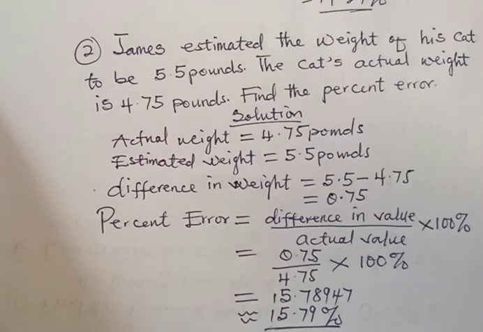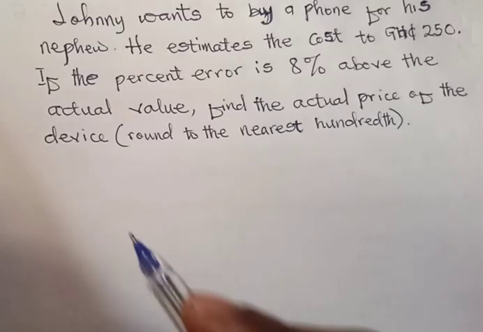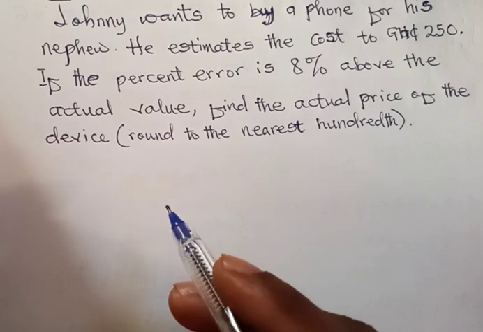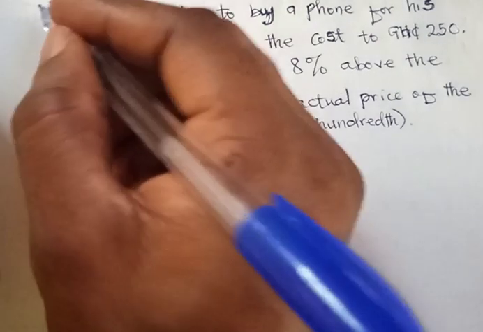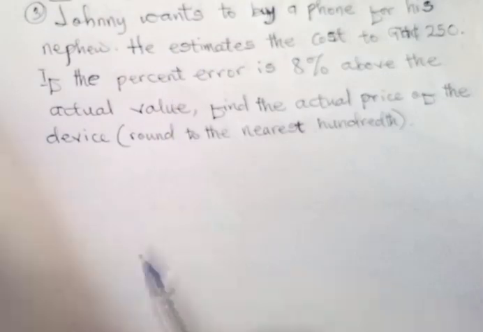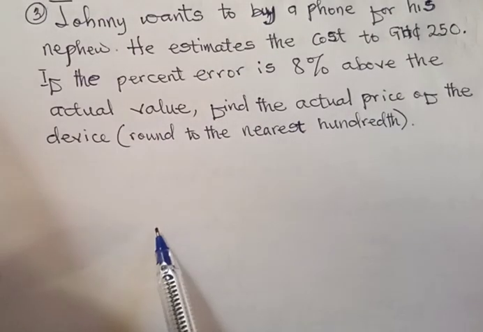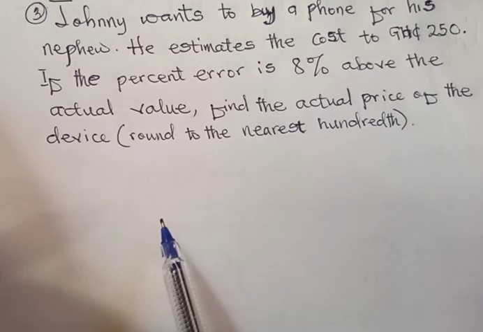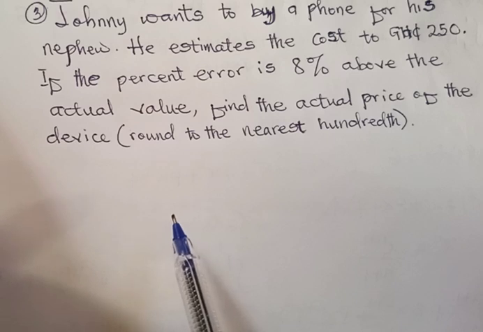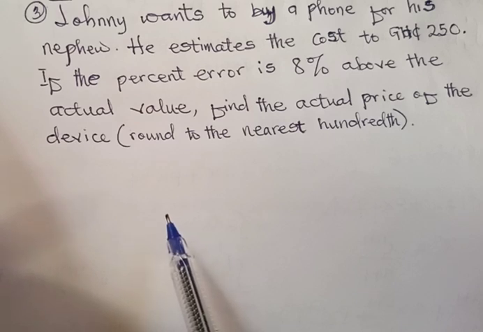That will be our third question. Let's look at that question. Our third question says that Johnny wants to buy a phone for his nephew.